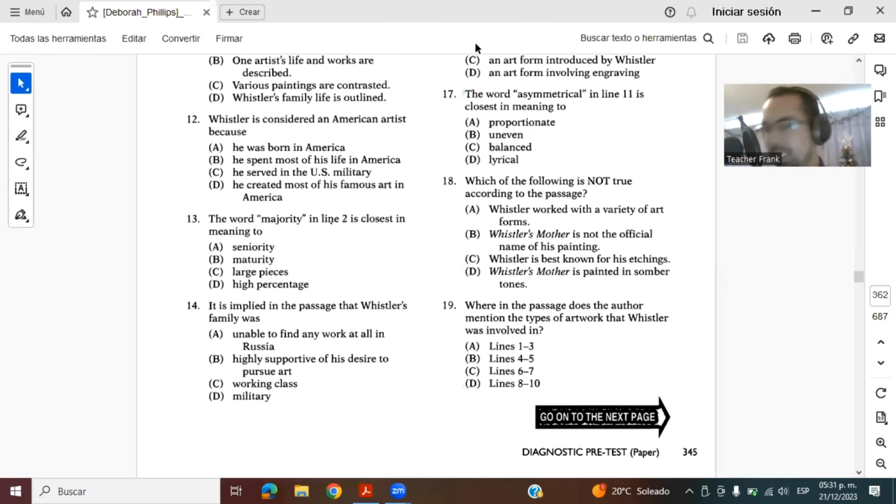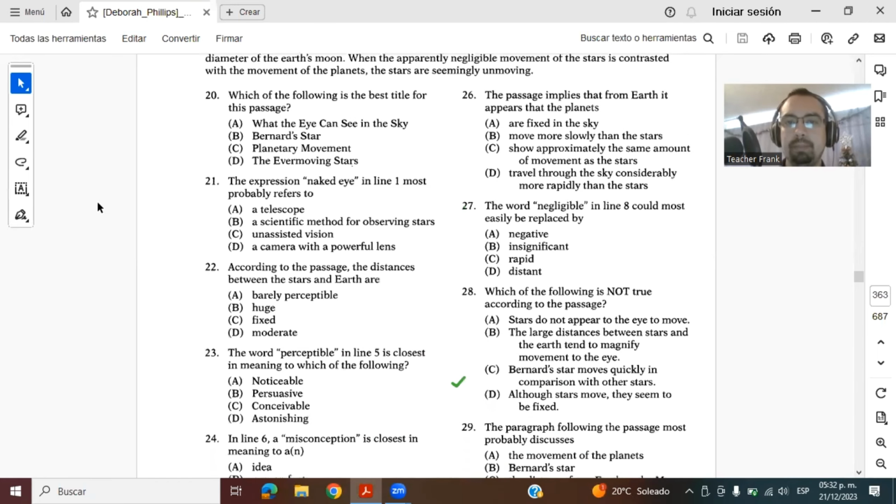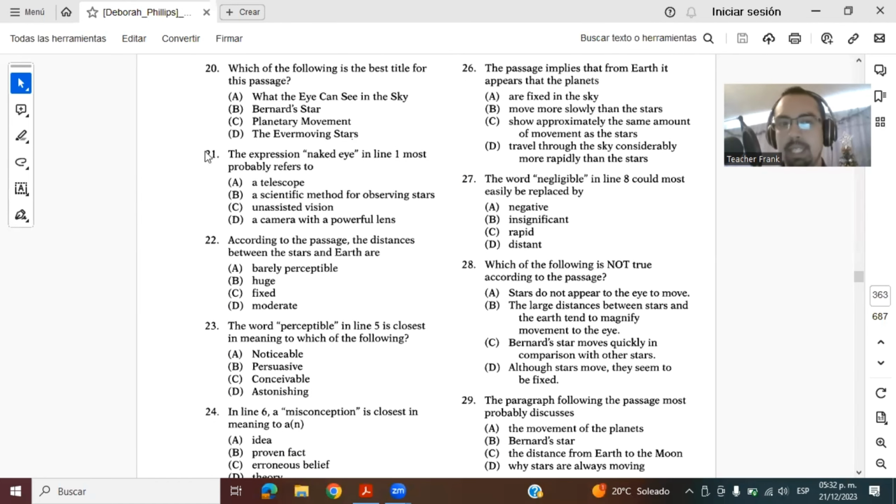Okay. And let's go with number 19. Number 19 is D. Okay. Let's continue to number 20. Number 20 is D. Number 21 is C. Number 22 is B. Number 23 is A. And number 24 is C. Okay.